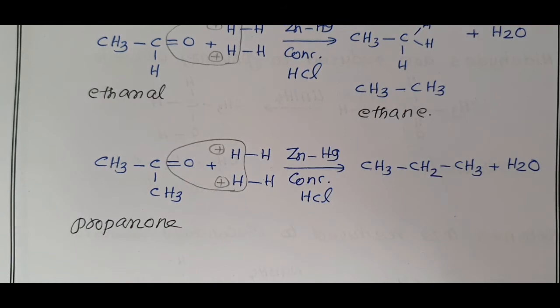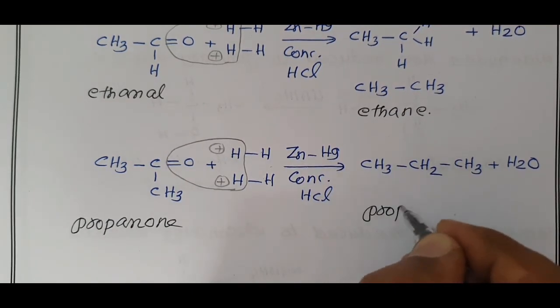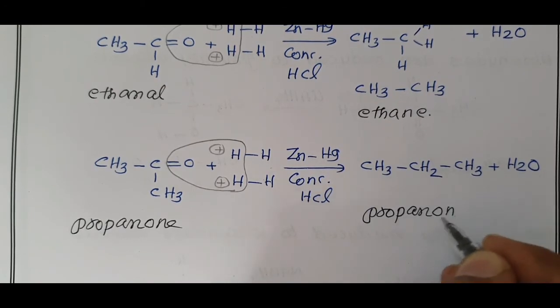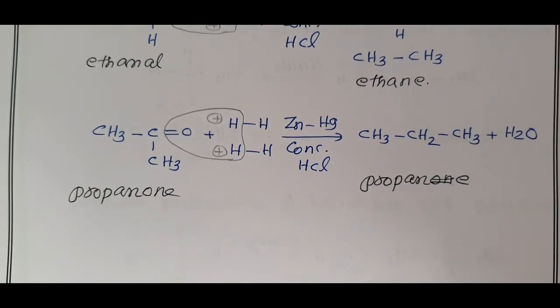How many carbons do we have? 3 carbon, root word prop, carbon single bond, -an, ketone to alkane, propane.